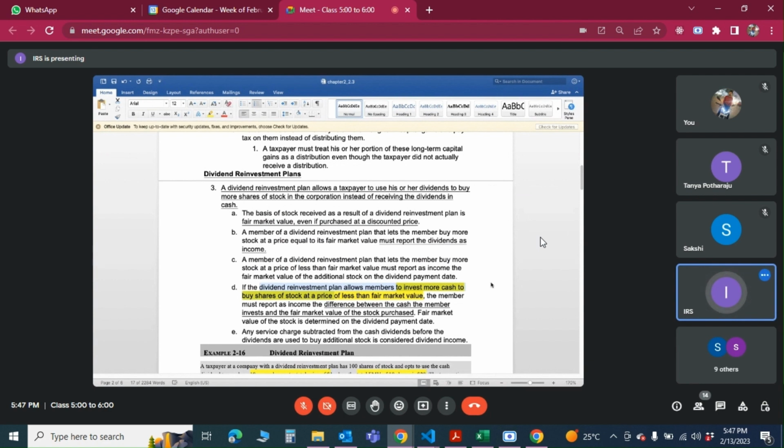Use that as cash and buy more stocks. But again, if you're getting the stocks at less than fair market value, we have to see the difference between what the member has invested and the fair market value.